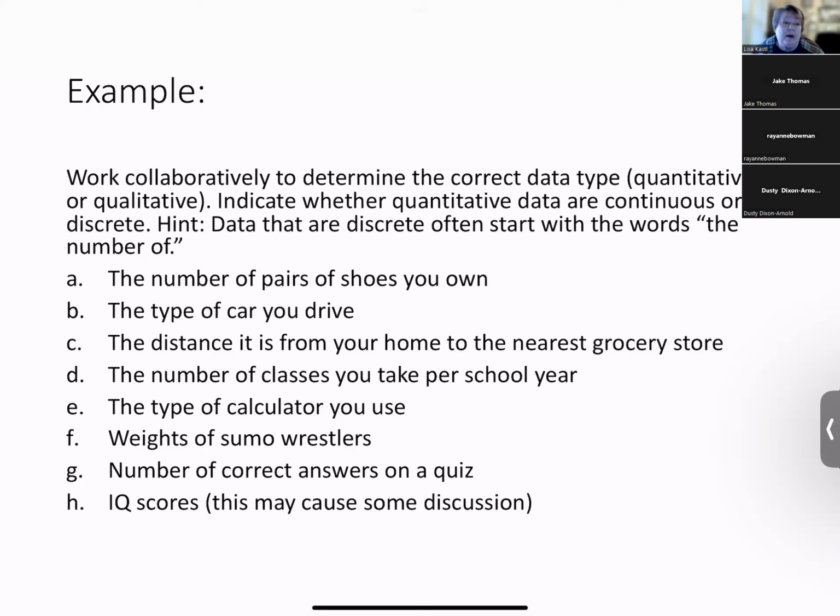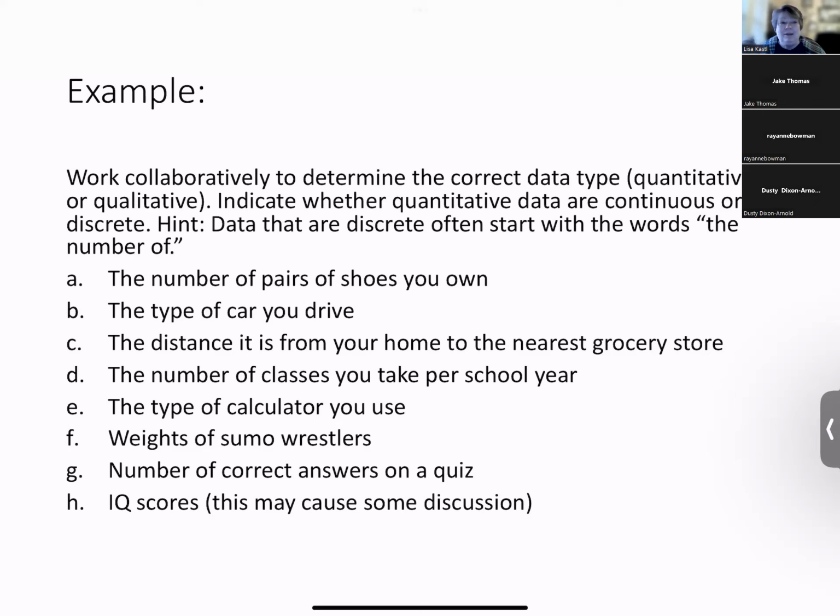Okay. The type of car you drive. Well, that's obviously an attribute. So that's qualitative data. The distance. Okay. Now this can get tricky. If you measure the distance from your home to wherever you're going on your trip odometer, it's a measure, then you could say that's quantitative continuous.